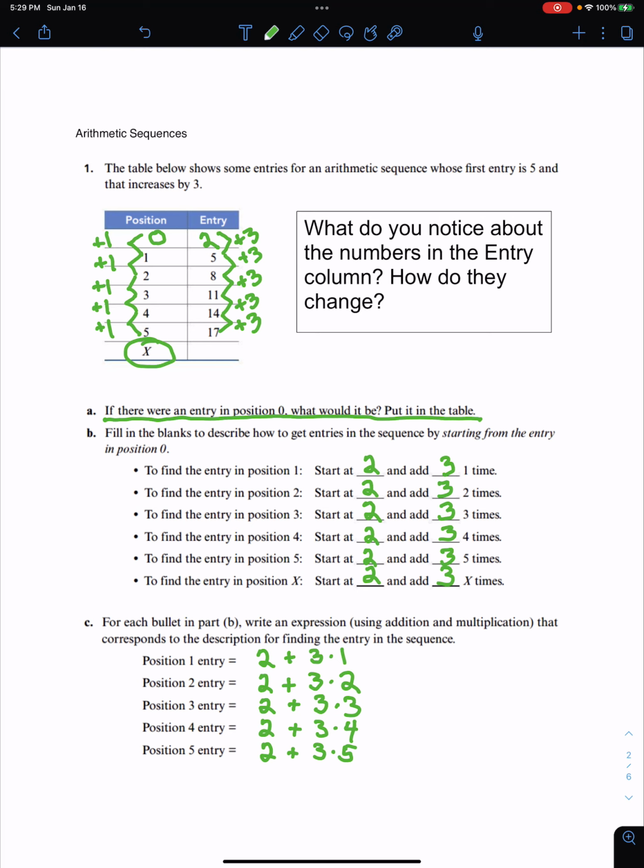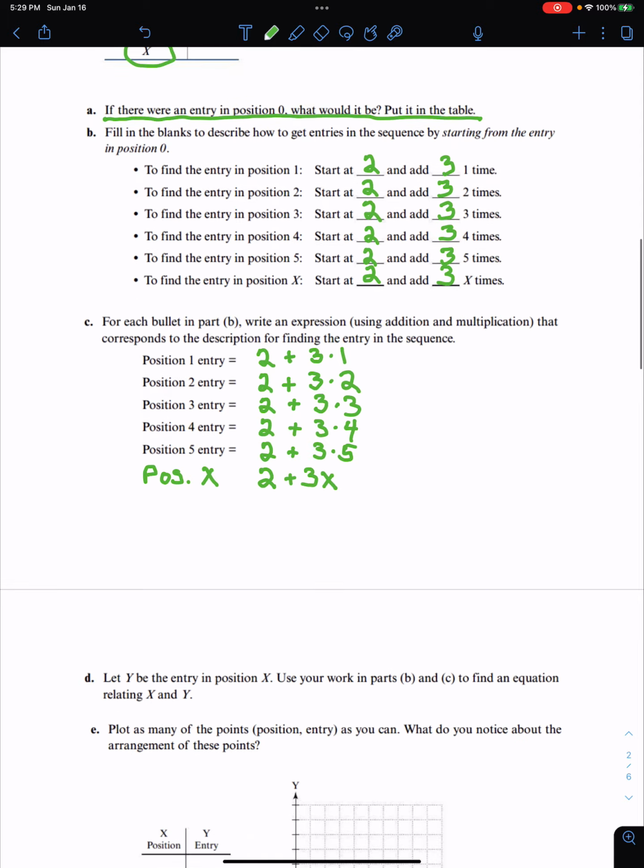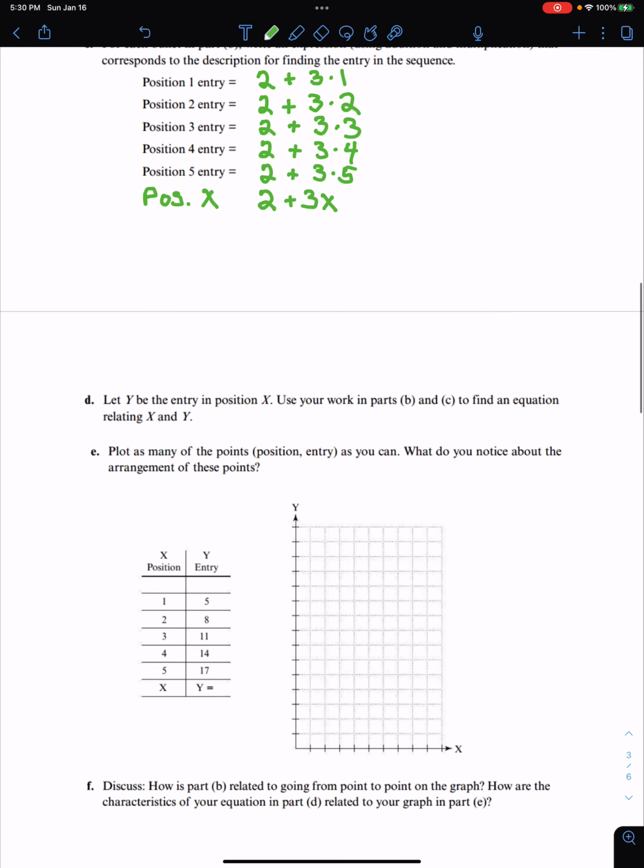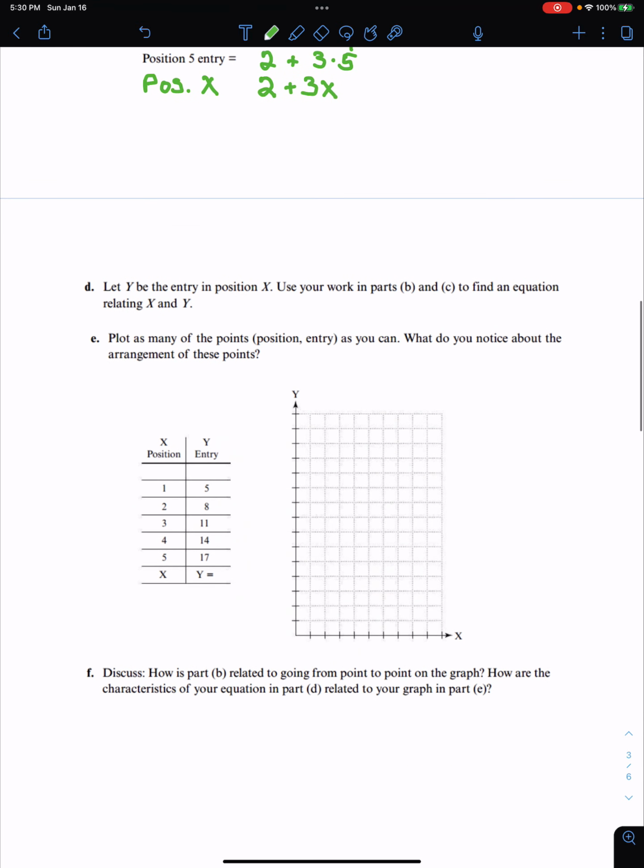It doesn't say it here, but for position X, we're going to start at 2 and add 3 x times. This is looking like an algebraic equation, and that's what we're going for. So here, let y be the entry in every position x.